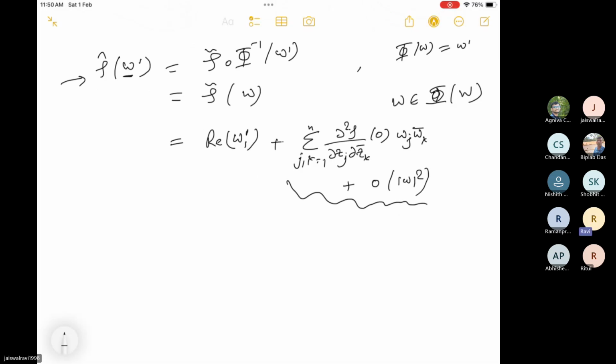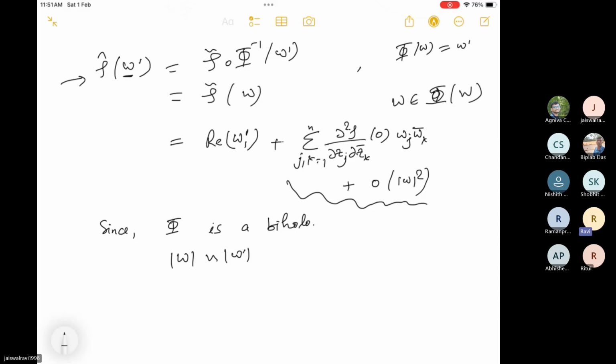So note that since phi is a biholomorphism, you can compare W and W prime. Because phi is a biholomorphism, phi and phi inverse are both uniformly continuous, or say both are Lipschitz functions on some smaller neighborhood near zero.